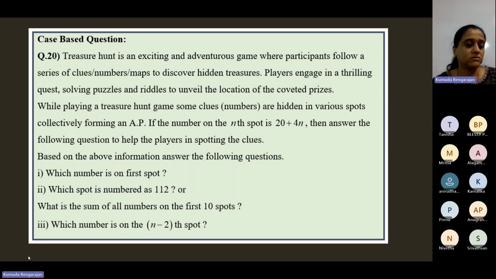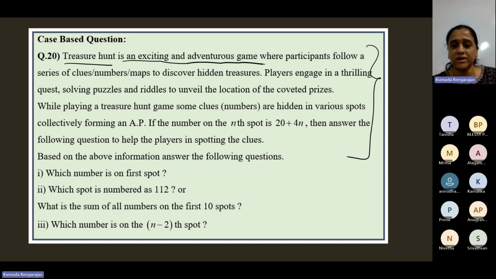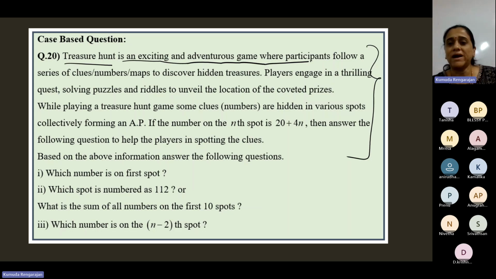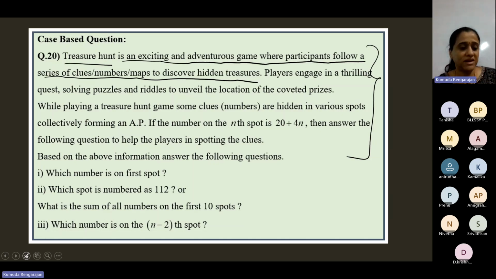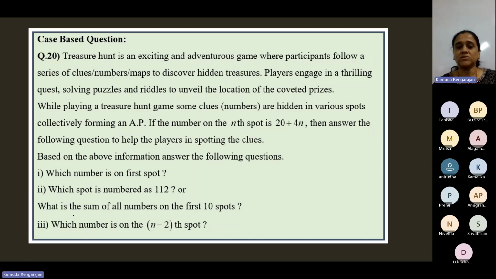I'll read this, whatever case study this is. You answer the question. So, treasure hunt is an exciting and adventurous game where participants follow a series of clues, numbers, maps to discover hidden treasures. So treasures are hidden, and how do you find them?